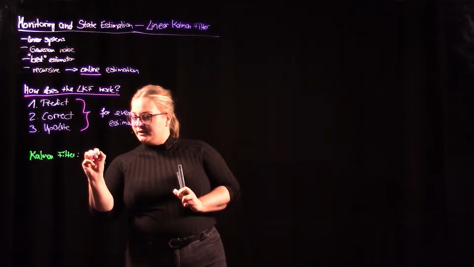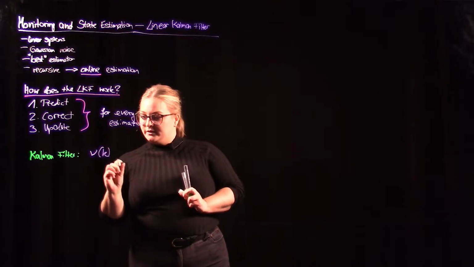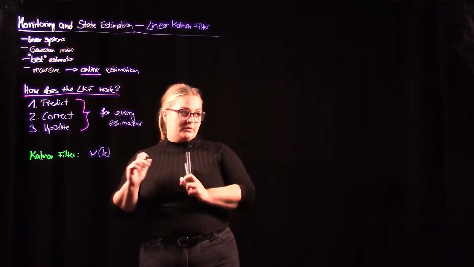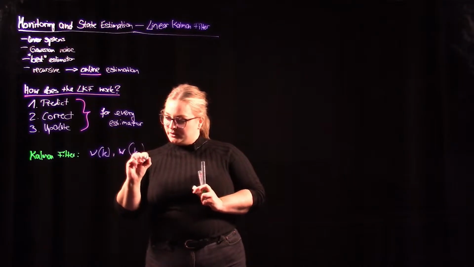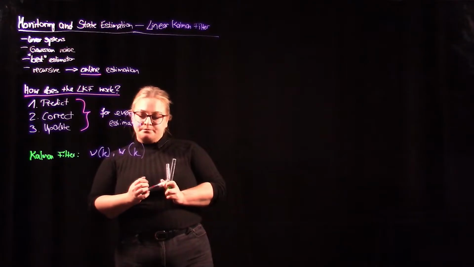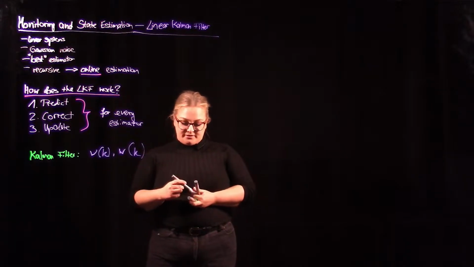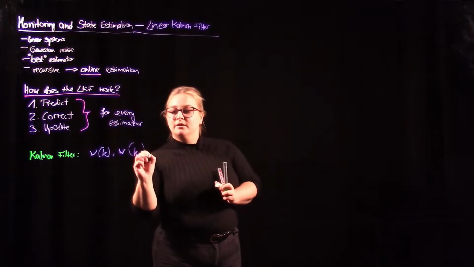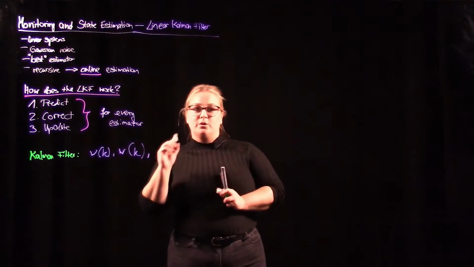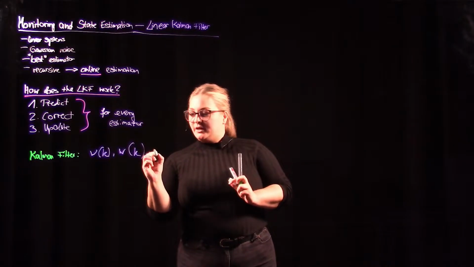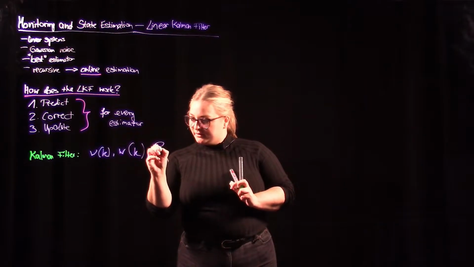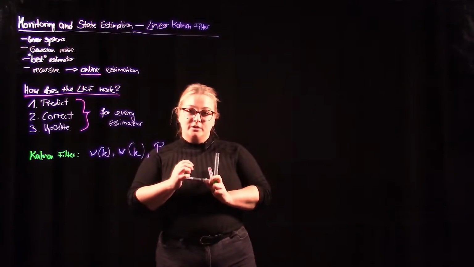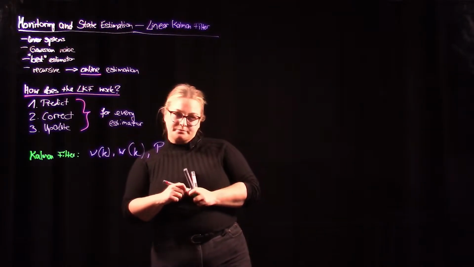For one, we have the V, which is our sensor noise, and the W, which is our process noise. Both are considered, but in addition to those matrices, we also need to consider our P, which is our covariance matrix.